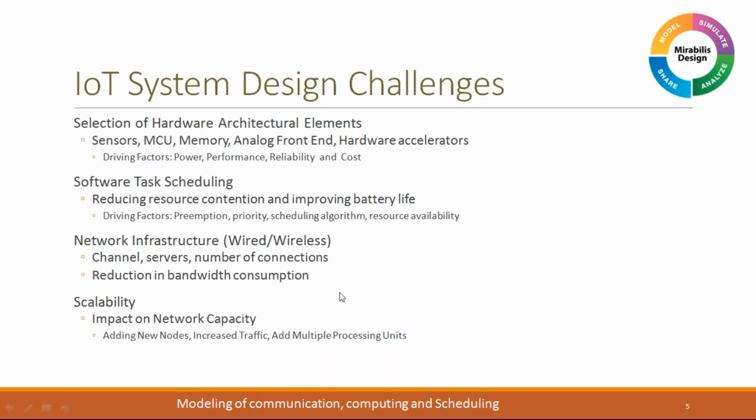And on the scalability front, for example, right now you might have 20 different nodes on your platform, but after 5 months or after 6 months, you may have a requirement of 50 more or 100 more nodes in your system itself. So you need to understand whether the network topology you have selected, or the data center that it is talking to, has enough bandwidth to support that many nodes or devices that you're going to connect to that particular system or not.